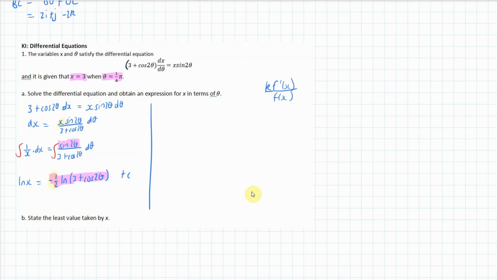And so I'm now going to use the parameters that they've given me here. So I say ln 3 is equal to negative 1/2 ln (3 plus cosine of 2 lots of theta, so it would be pi over 2 here), plus c.